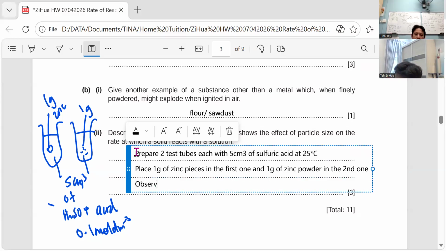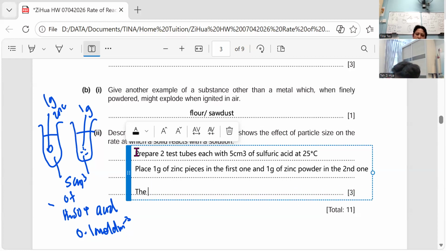Observe. The one with powder will dissolve faster.